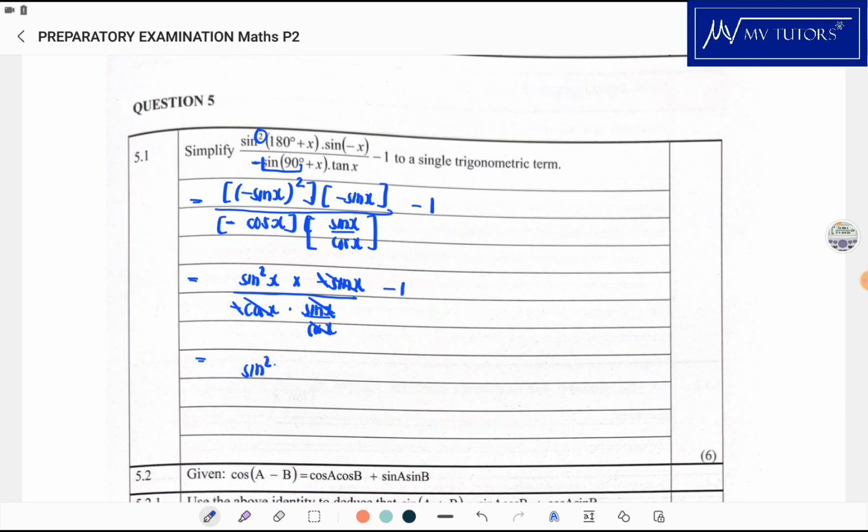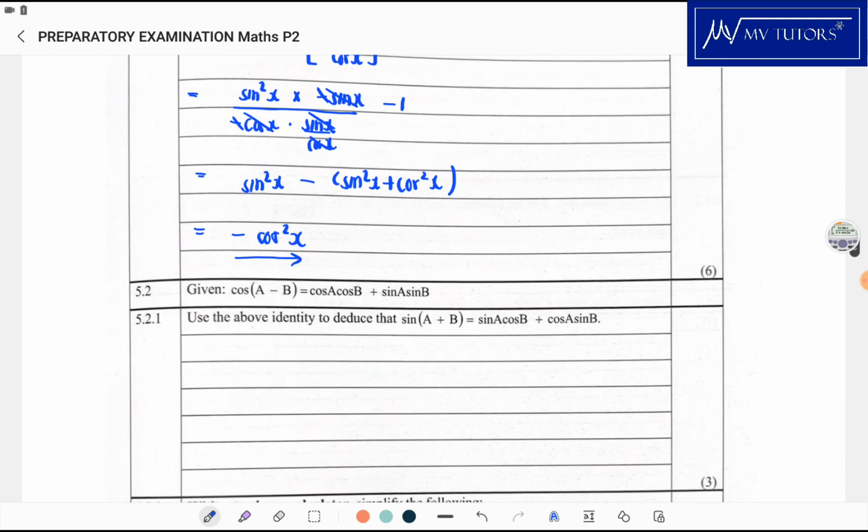We are left with sine squared x minus 1. I'm going to change that to sine squared x plus cos squared x. If I remove the brackets, the signs are going to cancel and I'll be left with negative cos squared x. Okay, so we've reduced it to a single trigonometric term.